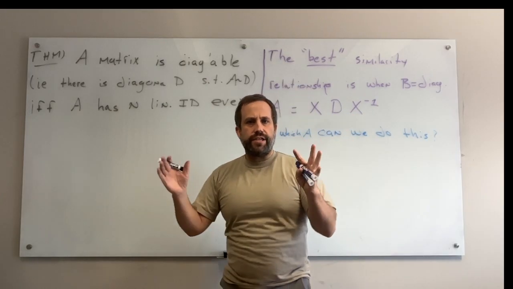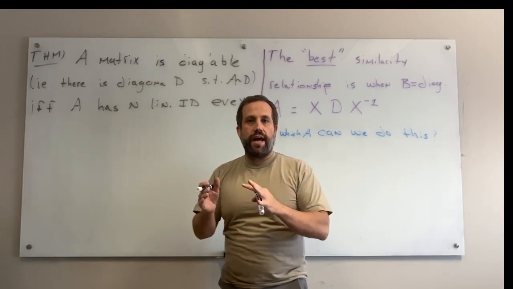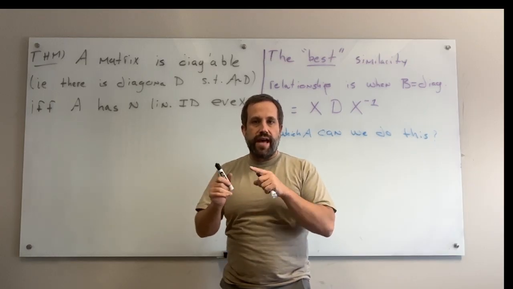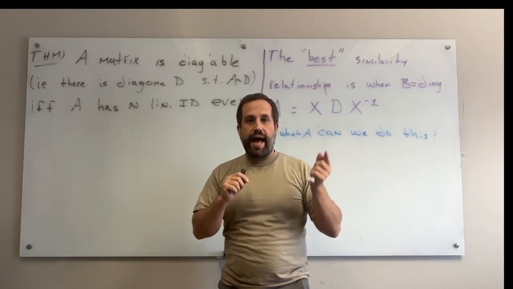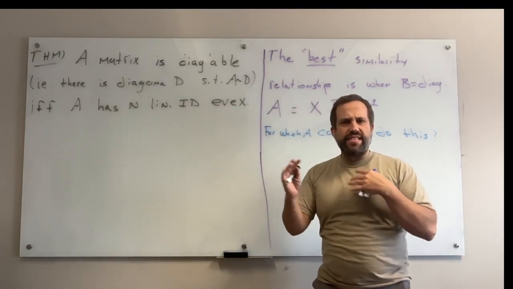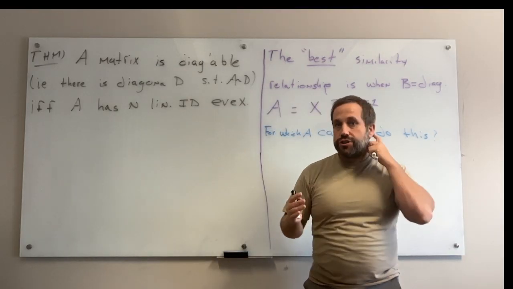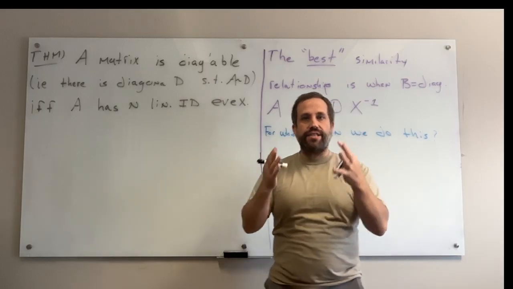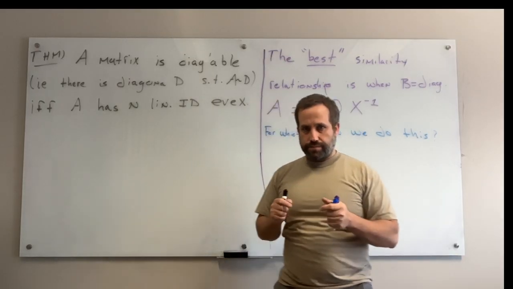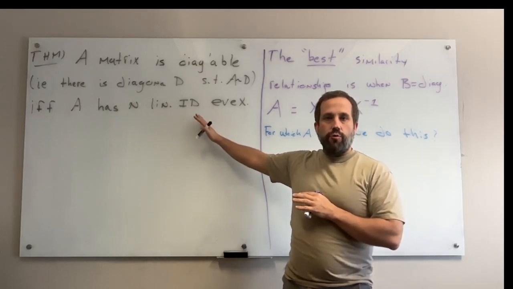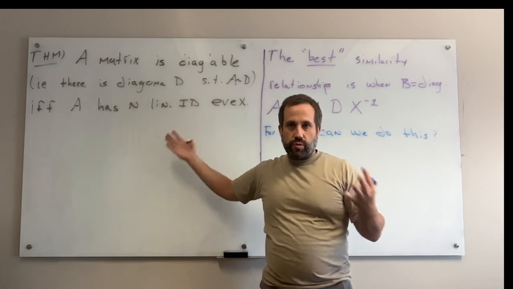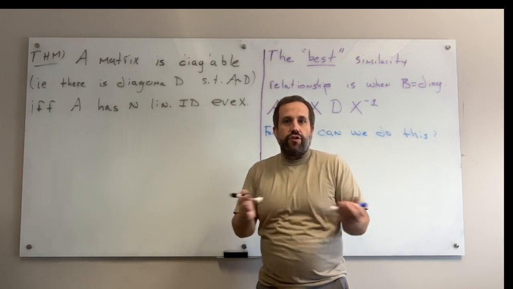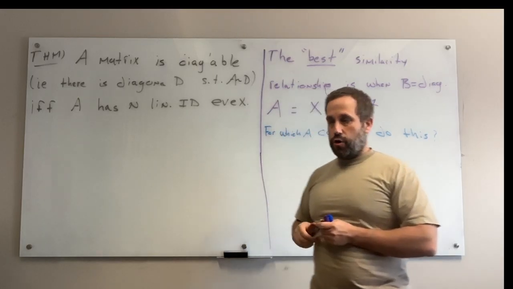There's another condition: if a matrix is normal, it's diagonalizable. Remember, that just means that A commutes with its Hermitian adjoint. That's just two computations to show that A^H A is equal to A A^H. But this requires the computation of a bunch of eigenvalues and eigenvectors, which is harder than just looking to see if a matrix is Hermitian.